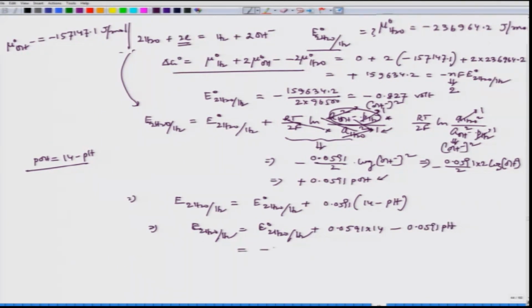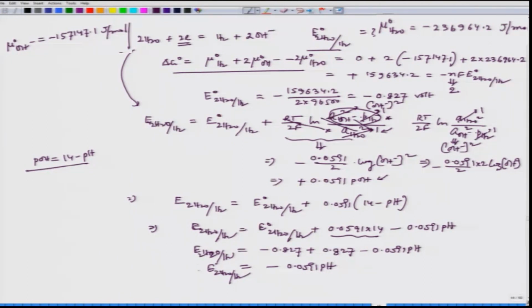So this is minus 0.827. We have also calculated before, this is minus 0.827 minus 0.0591 pH. So finally this becomes minus 0.0591 pH. Sorry, not this.